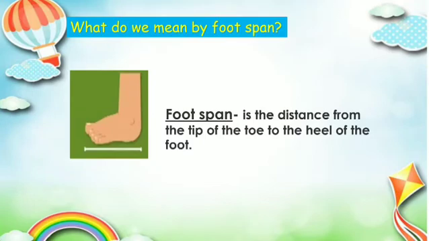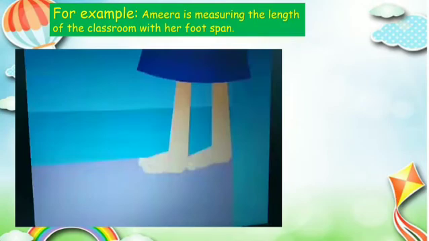Now, you already know how to measure length of objects using footspan. So what do we mean by footspan? Footspan is the distance from the tip of the toe to the heel of the foot. For example, Amira is measuring the length of the classroom with her footspan.